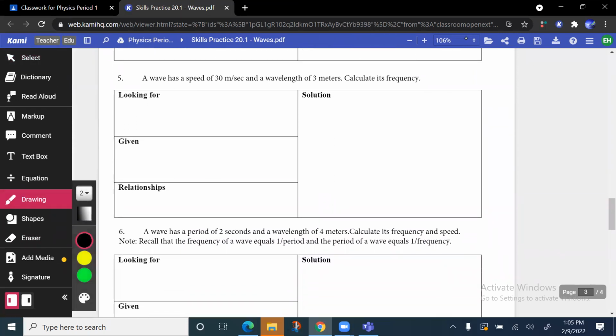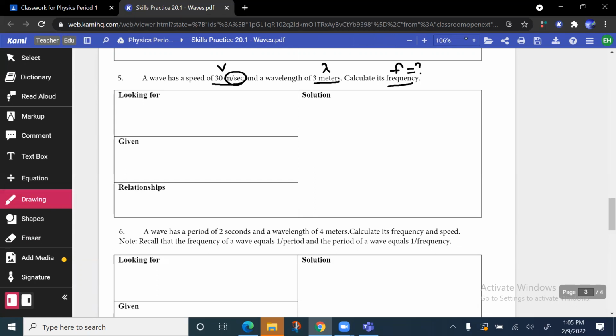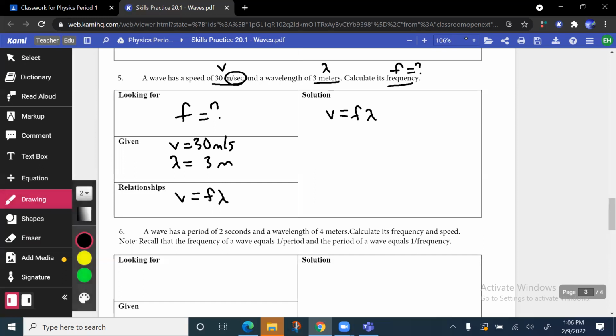Number 5. A wave has a speed of 30 meters per second and a wavelength of 3 meters. Calculate its frequency. We are given the speed, we are given the wavelength, and we are looking for that frequency. Update your information, keep yourself organized using the same equation. This time we need to take that equation and solve it for f, the frequency.